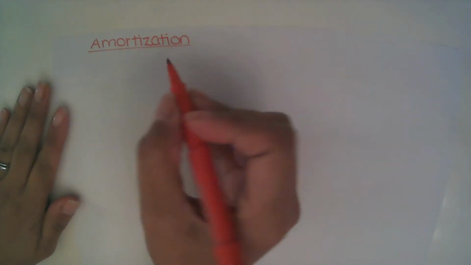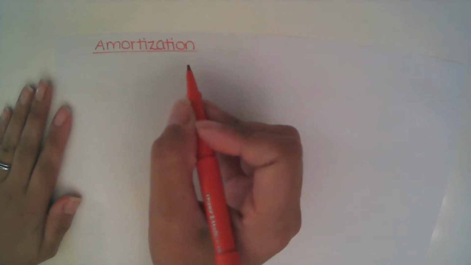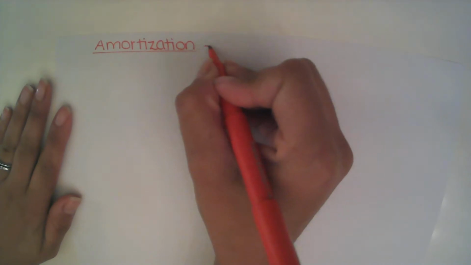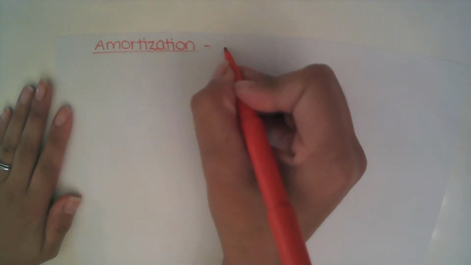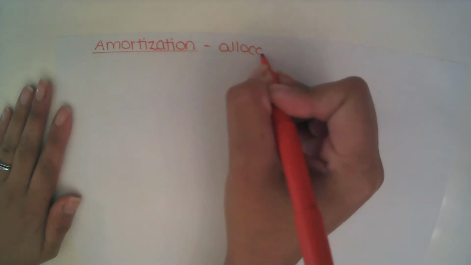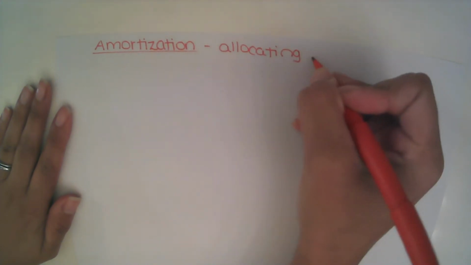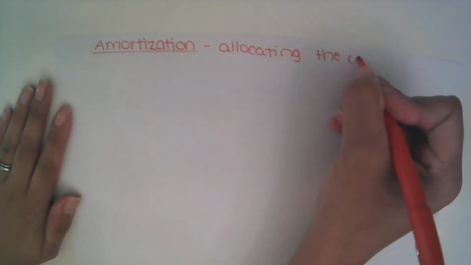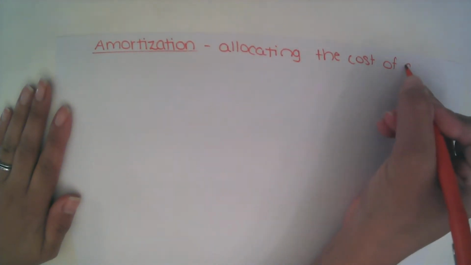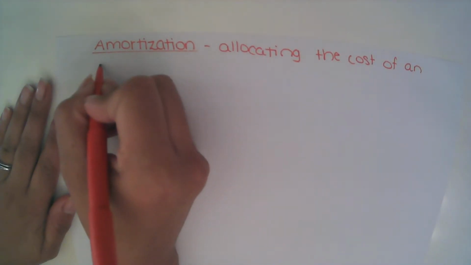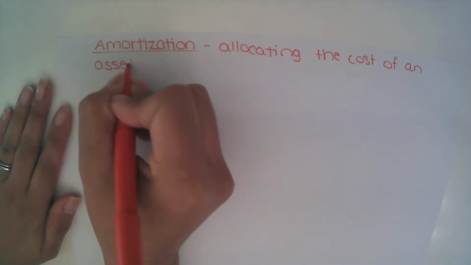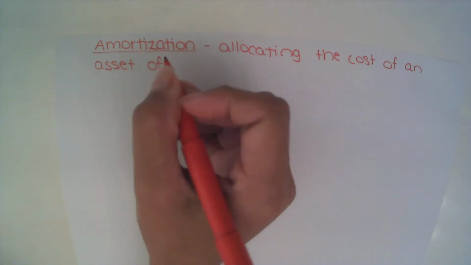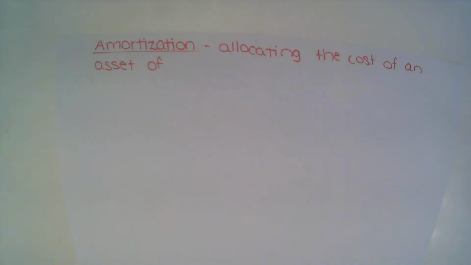So amortization, think about that like depreciation, which our definition was allocating the cost of an asset over its useful life.